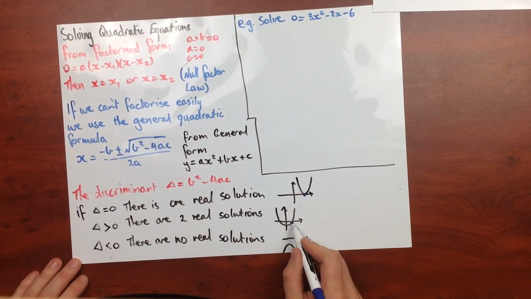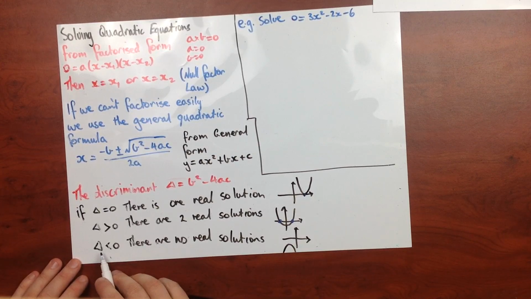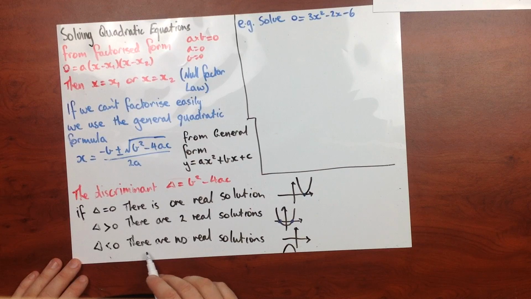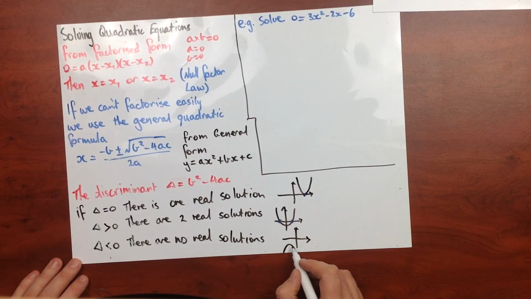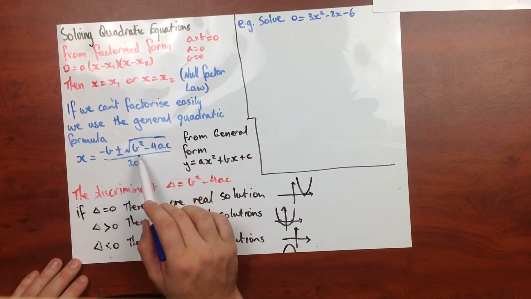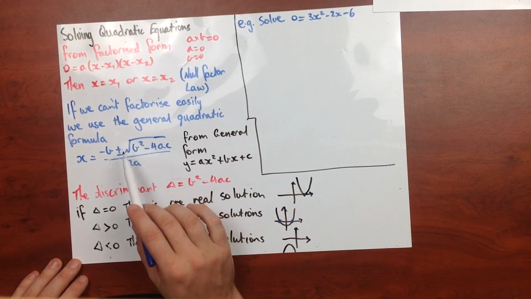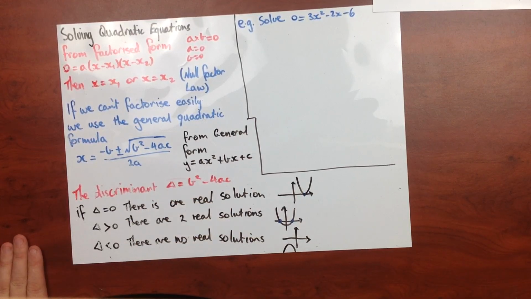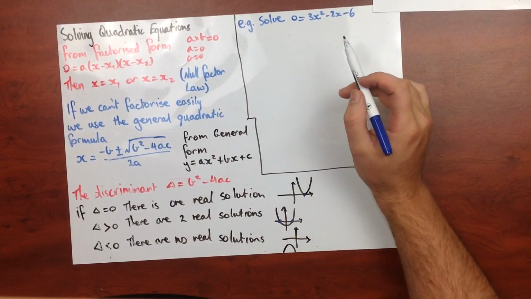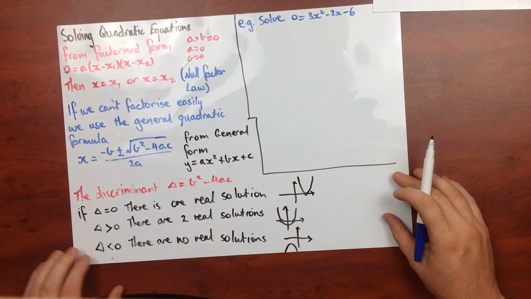That's going to be a case like this, and we'll get lots of cases like that. If, however, the discriminant is less than 0, there are no real solutions. That's where it looks like this: it actually doesn't cross the x-axis at all. That makes sense because if the discriminant is less than 0, that means it's a negative number, and we've got a negative under a square root sign, which we know we can't do.